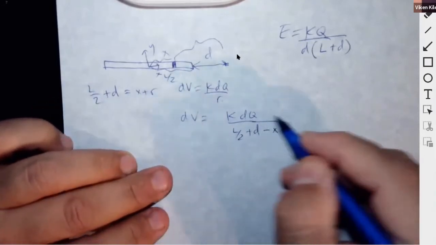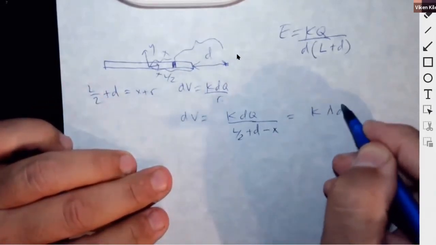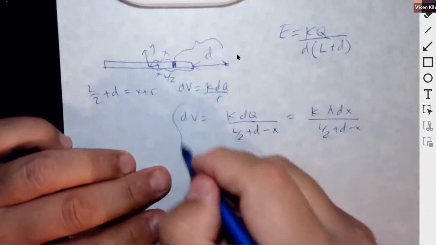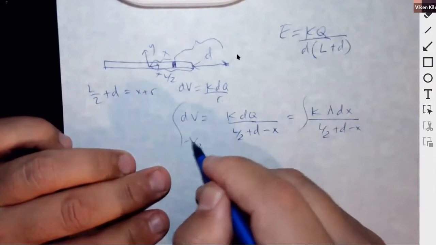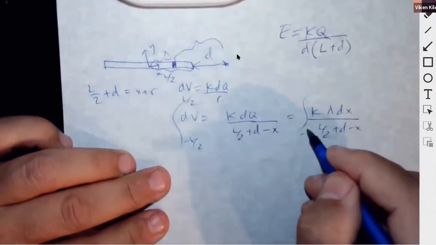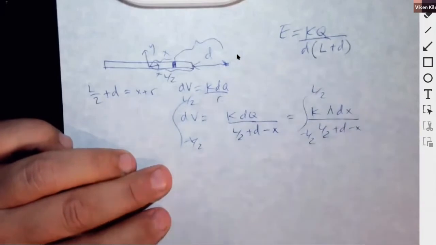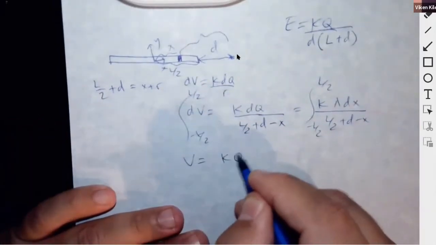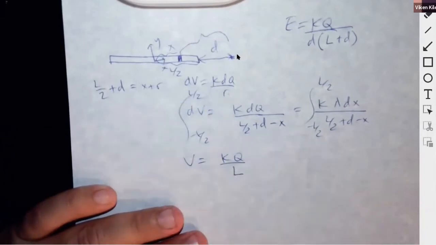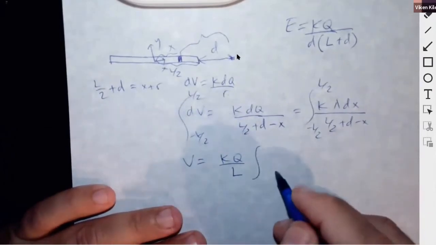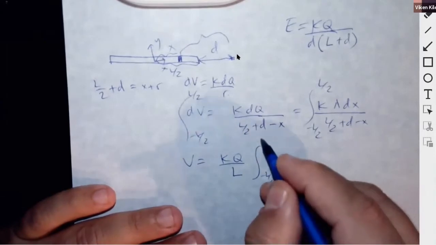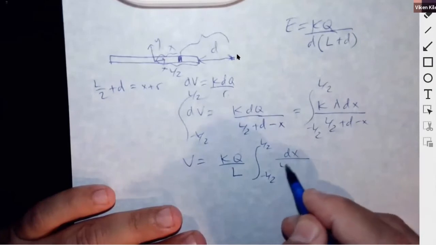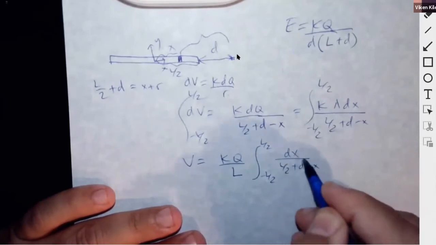So then we say the dq is equal to lambda dx, and then integrate it from negative L over 2 to L over 2. Remember this one, you can't double it. Okay, so then the voltage comes out KQ over L, integral from negative L over 2 to L over 2, dx over (L over 2 plus d minus x).